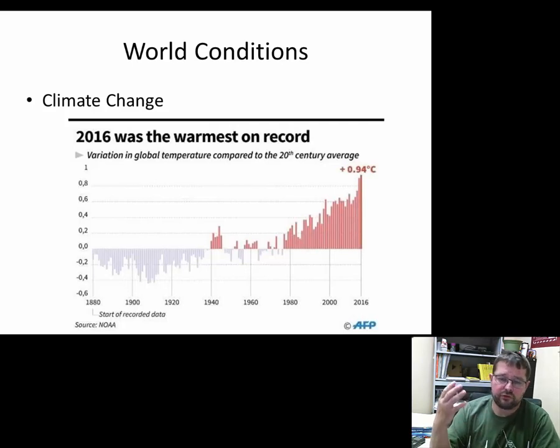Now, are humans the cause? Who knows? It seems like the trend is to increase with everything else. Deforestation. Humans are definitely the cause of deforestation. Extinction, you could say that humans, because they deforest, are also the cause of a lot of the extinction going on, especially, as I'll show you, in certain countries.